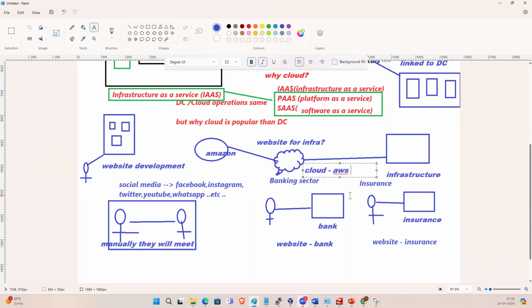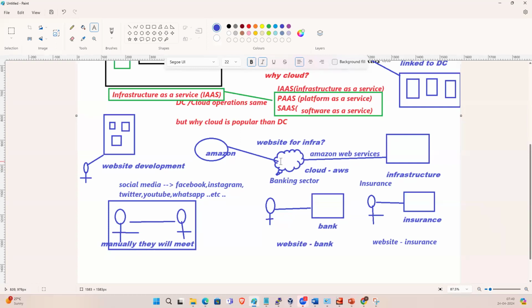What is AWS, guys? Amazon Web Services. Web means internet. Over the internet, Amazon provided the service, and they call it AWS. Guys, now you understood how the cloud came.